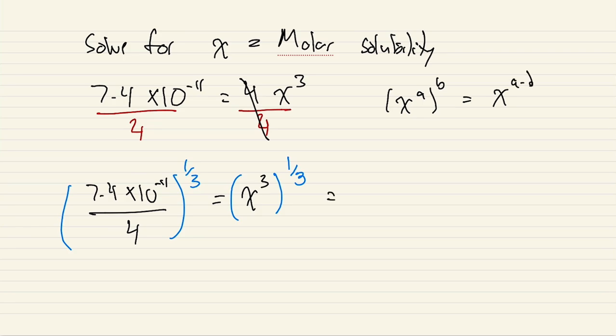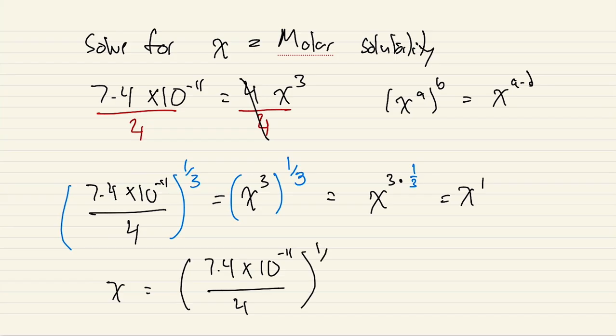So this simplifies to x to the 3 times 1/3, which is equal to just x to the 1. That's why we cube root both sides. So that gives us x is equal to 7.4 times 10 to the minus 11 over 4 to the cube root.